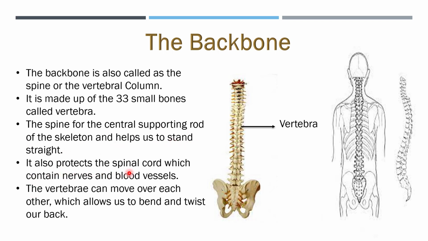It also protects the spinal cord, which contains nerves and blood vessels. And the backbone is located over here in the back. The vertebrae can move over each other, which allows us to bend and twist our back.